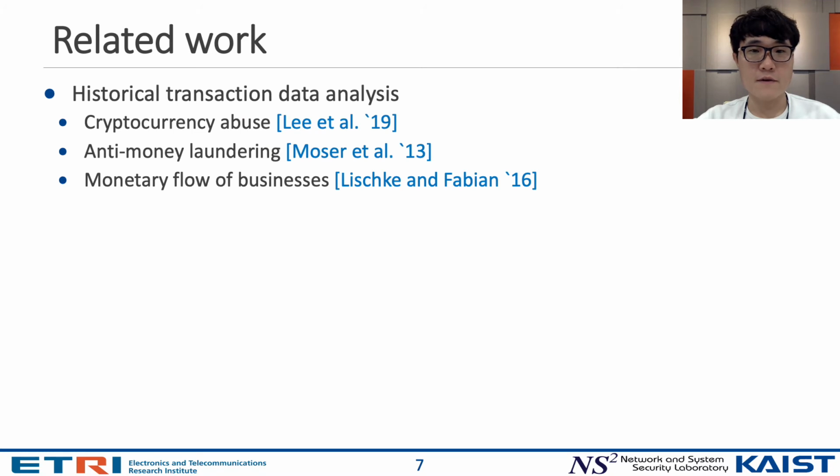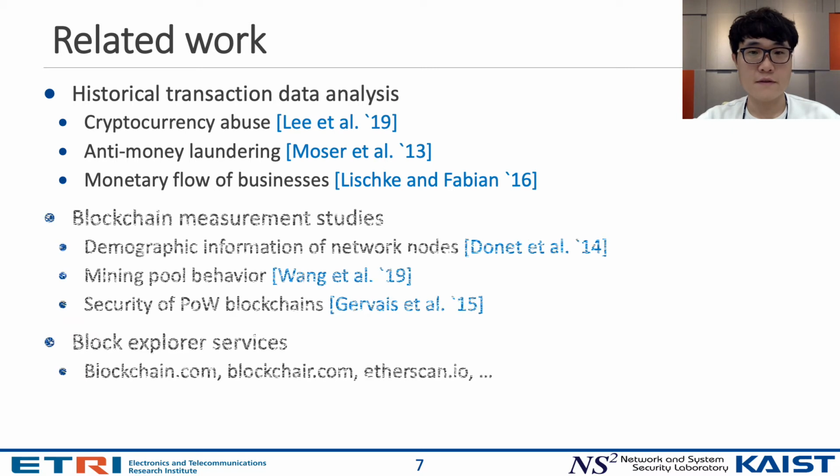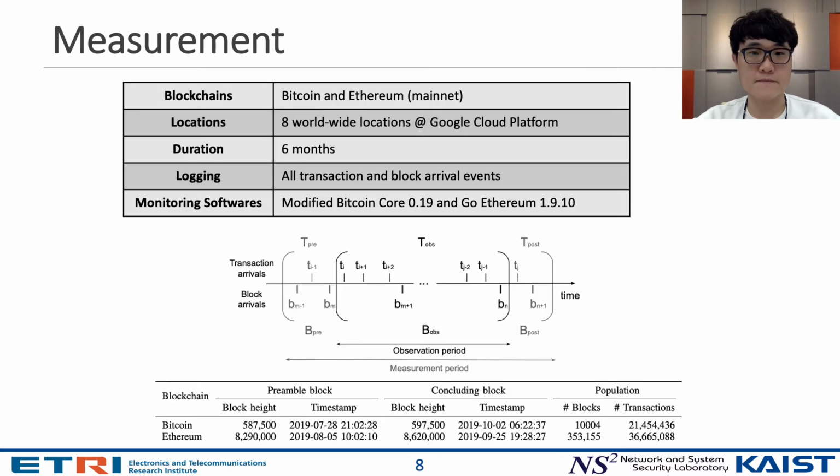There are a number of related work mostly analyzing the historical transaction data without measurement. There are also measurement-based studies. However, to the best of our knowledge, our work is the first comprehensive study based on transaction and block measurement performed at multiple network locations.